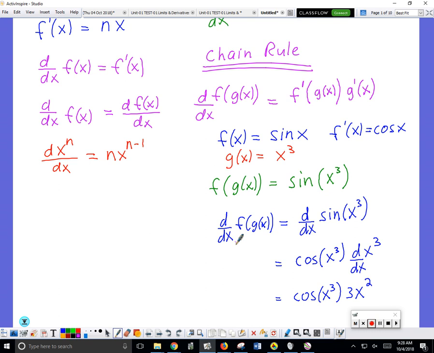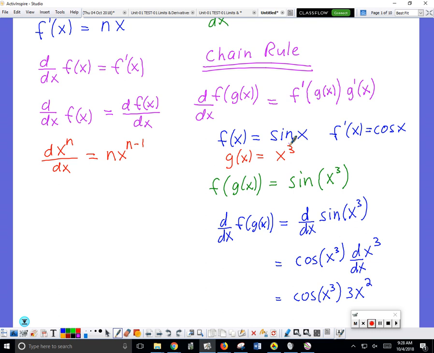Okay, when I look here, I'm like, how do I find the derivative of sine of x cubed? Well, I don't have any idea. But I remember the chain rule, which says if you have a composite function, here are the two pieces of the composite. You can take the derivative, f prime of the f. So the derivative of sine is cosine.